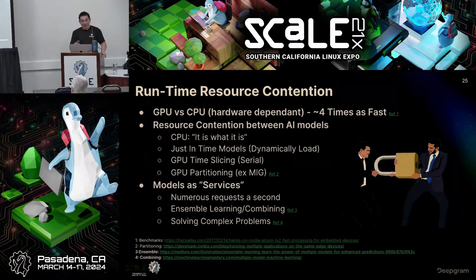You can not have it, and the speed that it's going to give you the answer is going to be whatever CPU you have on your device, right? It is going to be what it is. So there are different ways of dealing with that. If they're smaller models, maybe you can just load them as you need them.